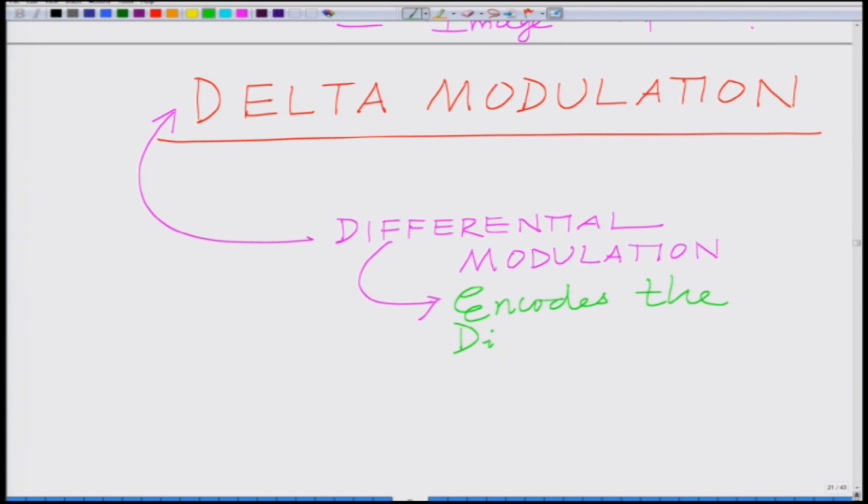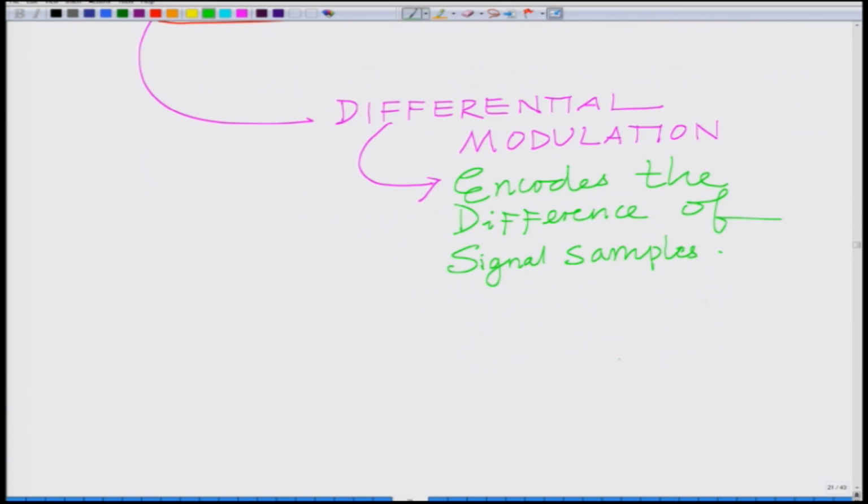And this is important, it encodes the difference of the signal samples, correct.